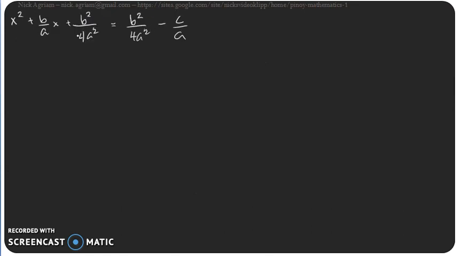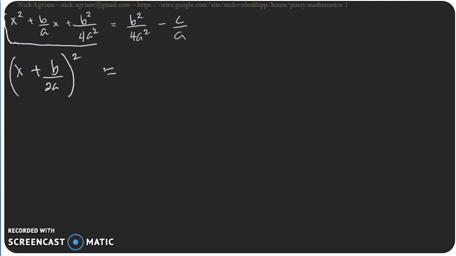You can see here now. If we did it right, this left-hand side of the equation now is a perfect square. A perfect square says that it is x plus b divided by 2a, squared.